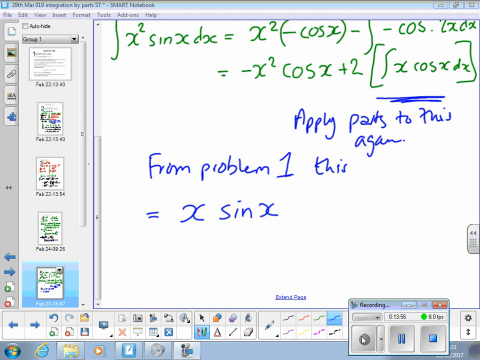x sin x plus cosine x, I got here when we simplified it, yeah?